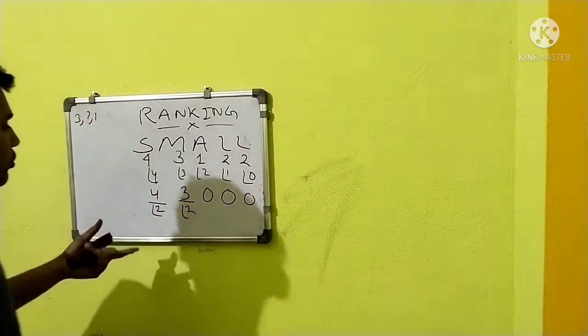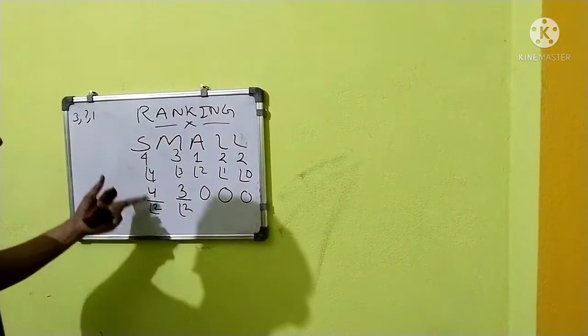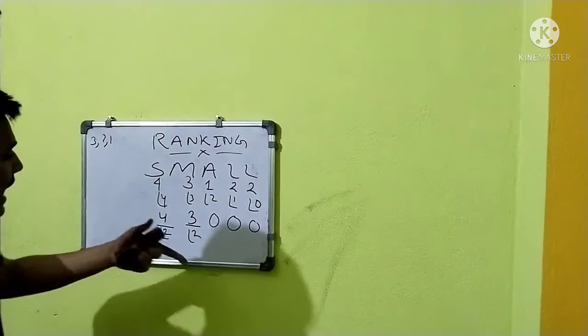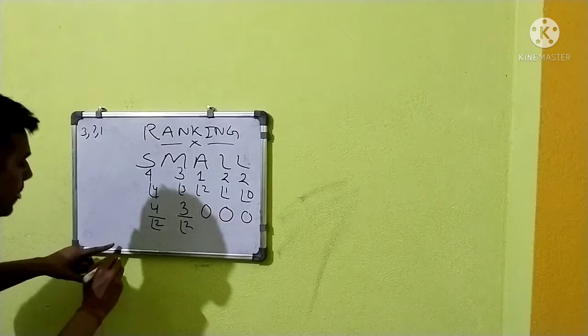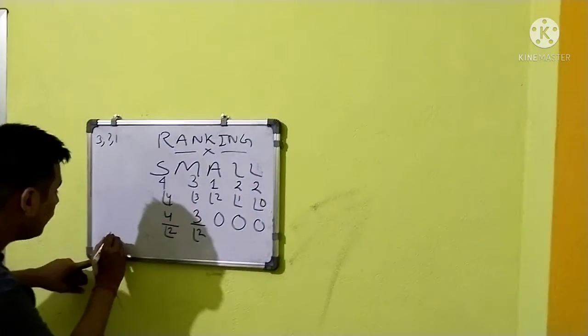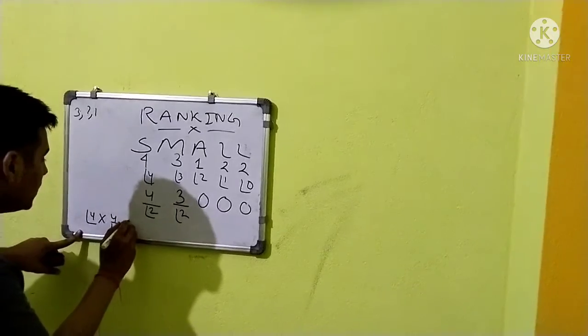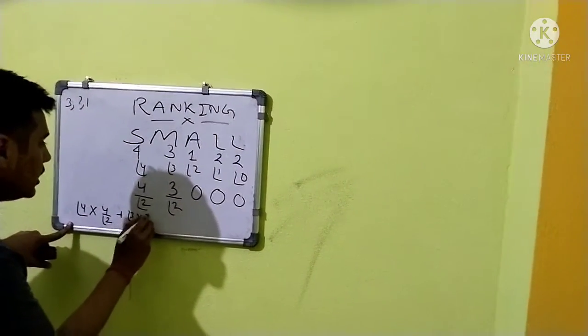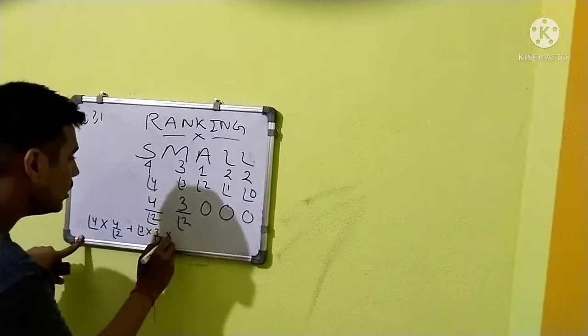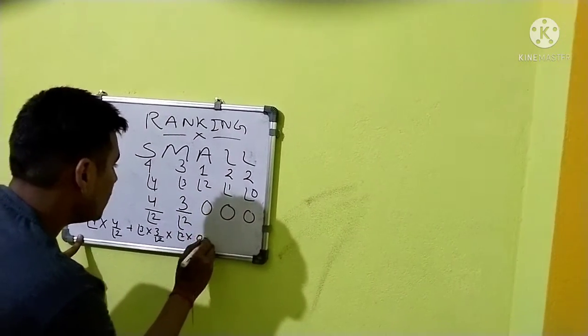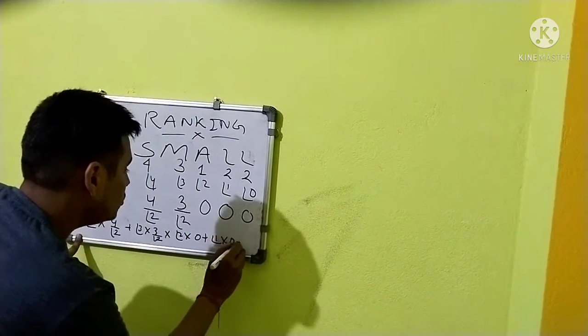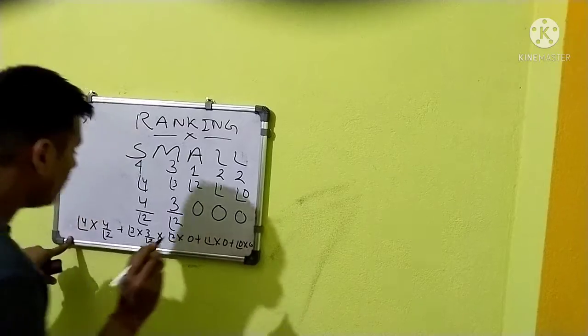After that, what will you do? Fourth step, you will have to just multiply and add up in the last step. That means 4 factorial into 4 divided by 2 factorial plus 3 factorial into 3 divided by 2 factorial plus 2 factorial into 0 plus 1 factorial into 0 plus 0 factorial into 0. No problem.